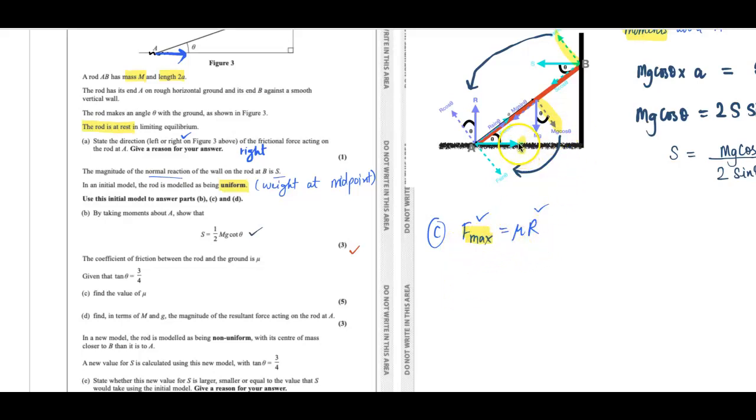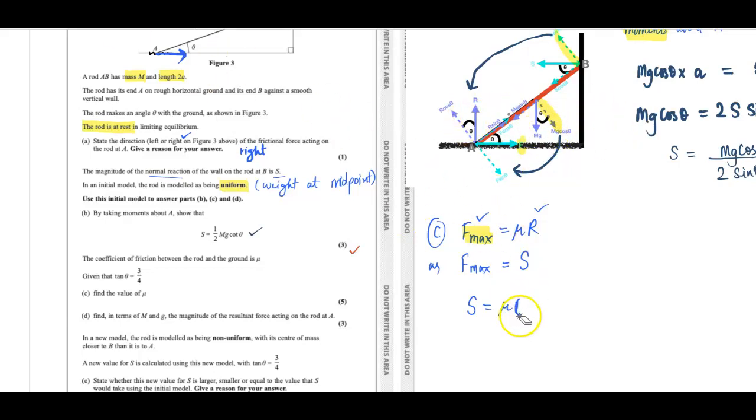This force is going to be balanced by S. So can we say F max is balanced by S, that means it is equal to S. So let's substitute over there. S is equal to mu R, or instead of writing R, your R is balanced by mg.